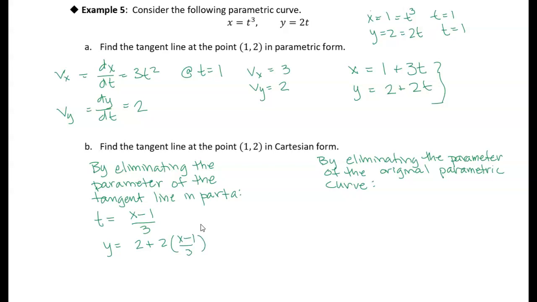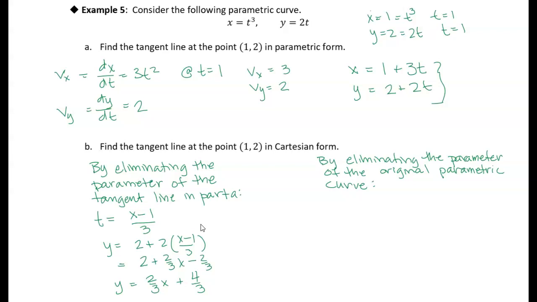I'll simplify that and get 2 plus 2/3 x minus 2/3, which becomes y equals 2/3 x plus 4/3. So there is the equation for the tangent line in Cartesian form, using the parametric tangent line that I just found.